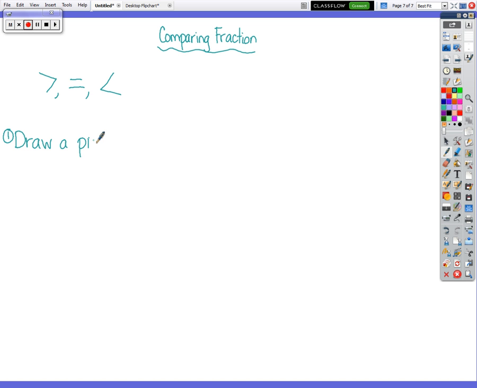I'm going to use the numbers 1/4 and 5/8 throughout. If I draw a picture, my pictures have to be pretty equal, otherwise it's not going to work. There are my 4 parts. Color one in to get my 1/4.